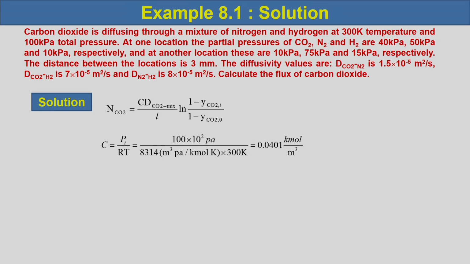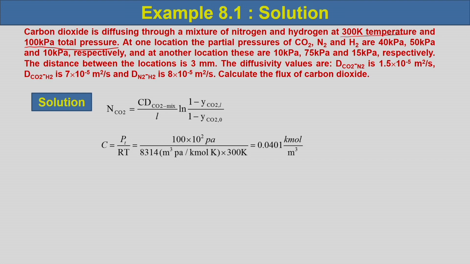Now, if we consider an ideal gas, then C would be equal to Pt by RT. The system is at atmospheric pressure, 100 kilopascal. So, Pt is 100 into 10 to the power 2 Pascal divided by R, which is 8314 meter cube Pascal per kilomole Kelvin, into T, which is 300 Kelvin, which is given.